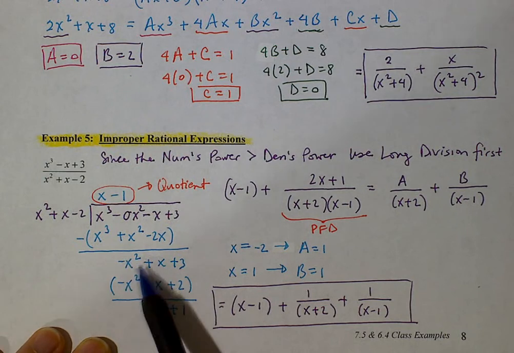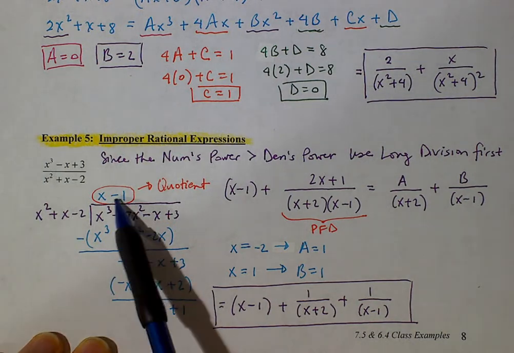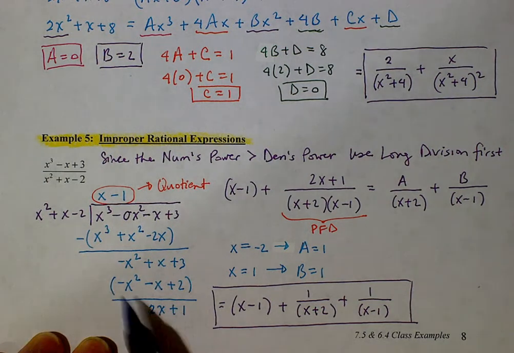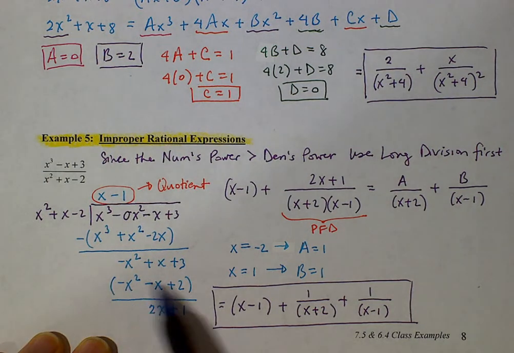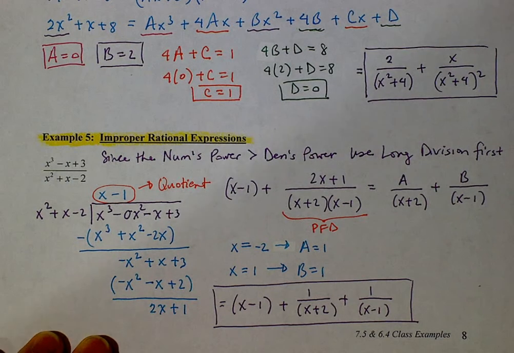Okay, so this is called the remainder. If the remainder's power is still the same as the divisor's, then I have to still do more dividing. So then I'll have a minus 1 up on top. So I distribute this through. That gives me a negative x squared minus x plus 2.